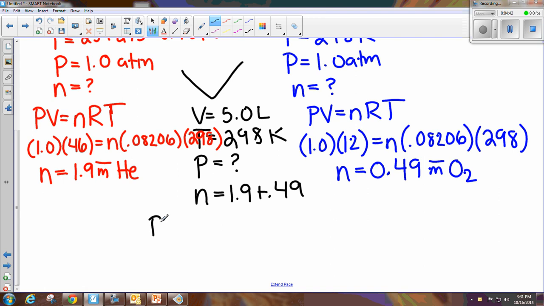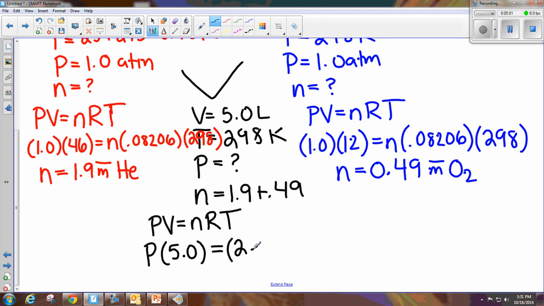So one more PV equals nRT. P times V, our volume is 5 liters now. n is 1.9 plus 0.49.